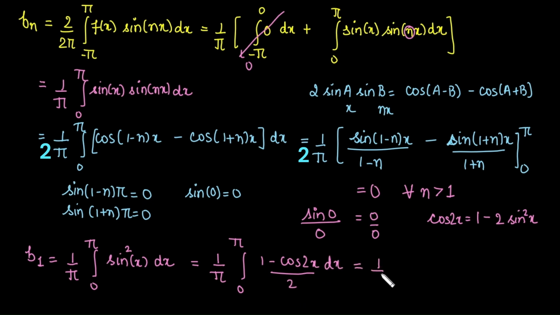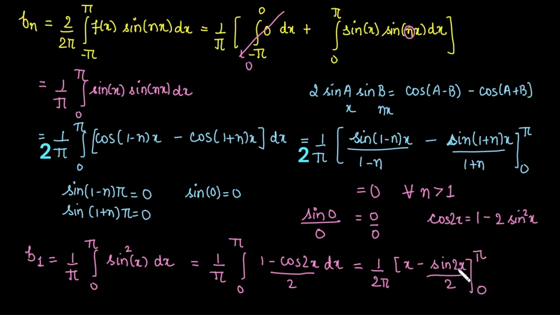So this is equal to 1 by 2 pi. Integration of 1 is x, minus integration of cos 2x, that is sine 2x divided by 2, lower limit is 0, upper limit is pi. When you put pi in this term, we have sine 2 pi and sine 2 pi is 0.